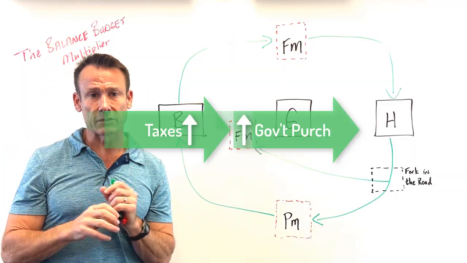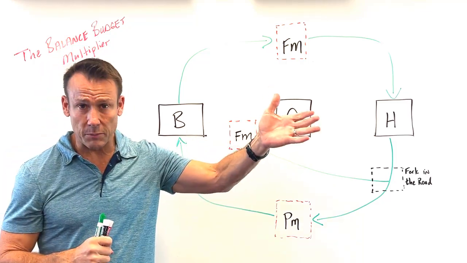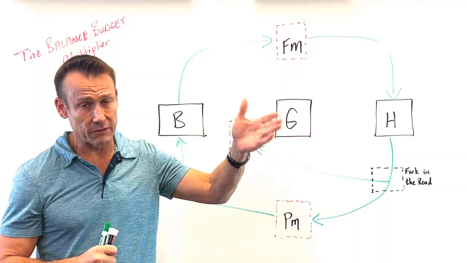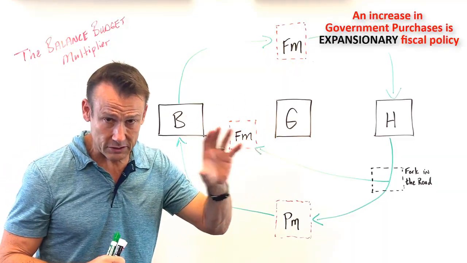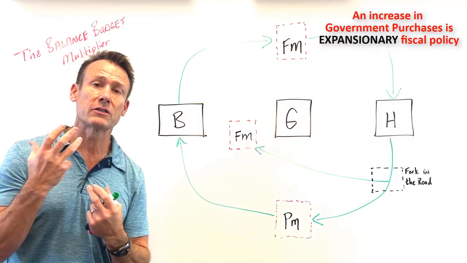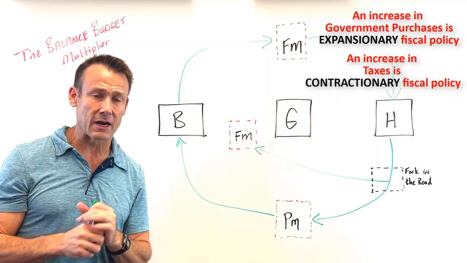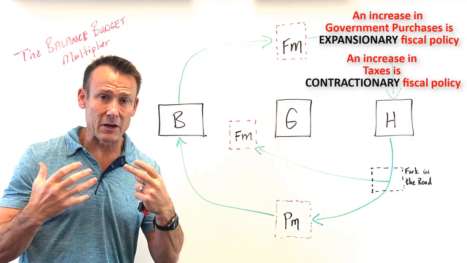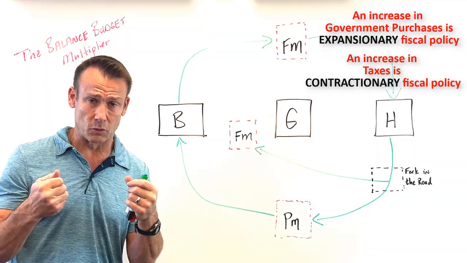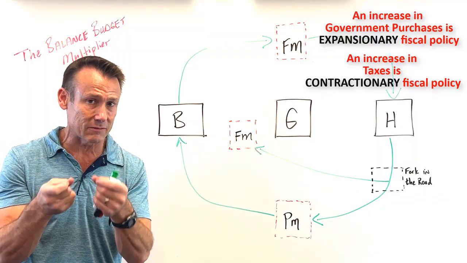Now, here's the interesting thing that I hope students understand right from the beginning: if they increase government purchases, that is expansionary fiscal policy. They're doing that to stimulate, to expand the economy. When you increase taxes, that's actually contractionary fiscal policy. That is done to contract the economy. So what's interesting about the balanced budget multiplier is the government is doing both expansionary and contractionary policies at the same time.